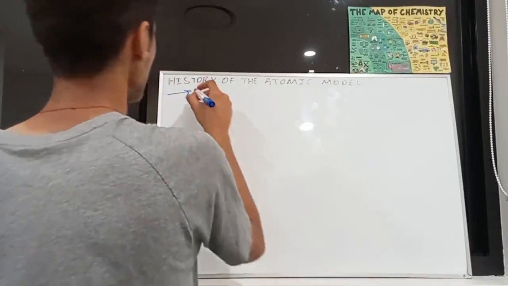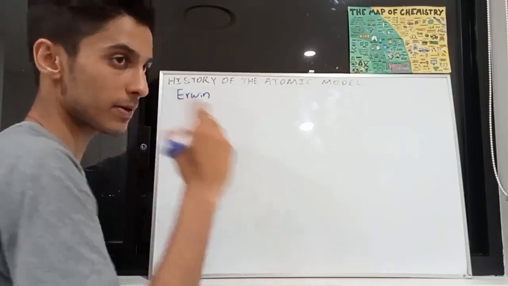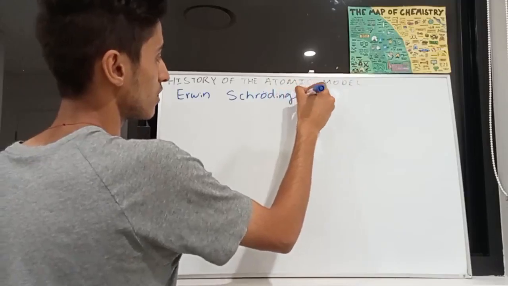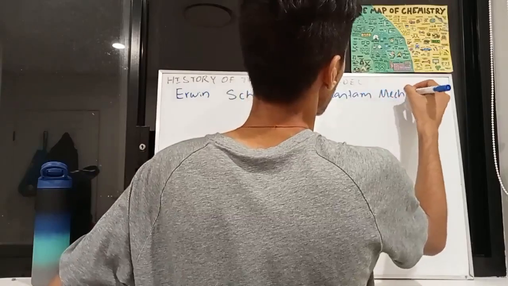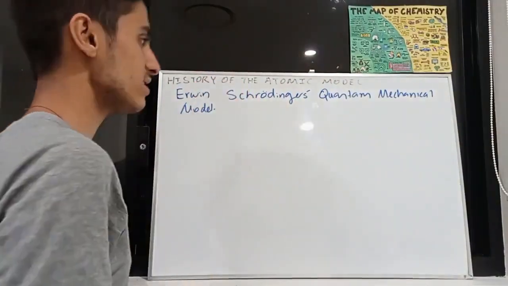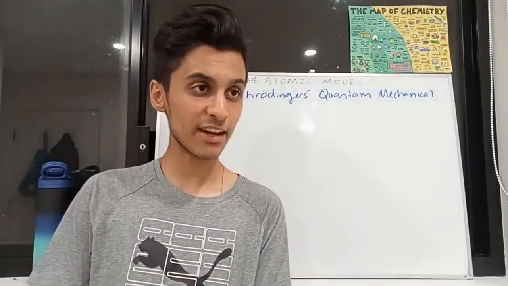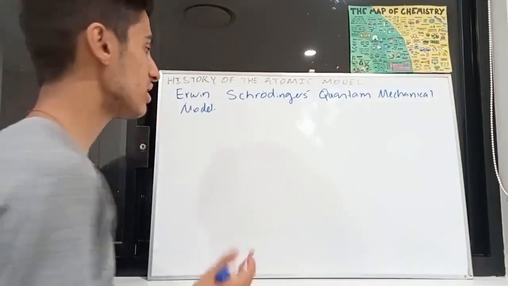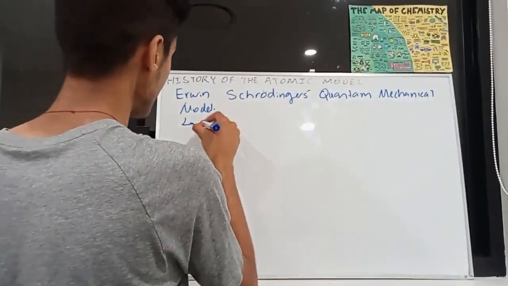Okay, now let's look at Erwin Schrödinger's model. This is the one I can't really elaborate on because it's too complicated. So I'll just give you keywords and key concepts for this. Schrödinger stated that electrons are a probability wave.